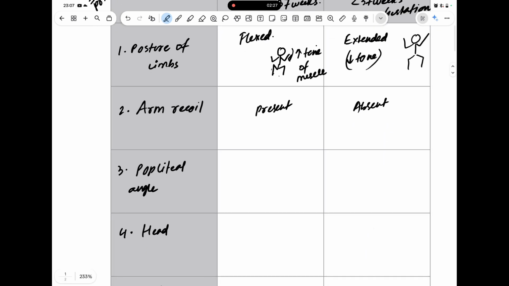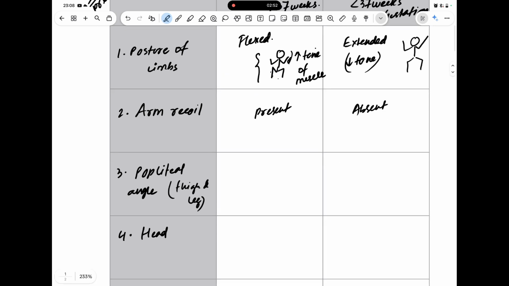So now comes the popliteal angle. Popliteal angle means the angle between the thigh and leg. Okay, so see this clearly. In case of term baby, since the tone of the muscle is high, the angle between the thigh and the leg is acute, that is less than 90 degrees.